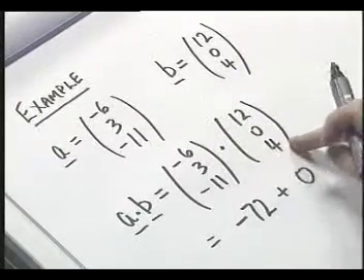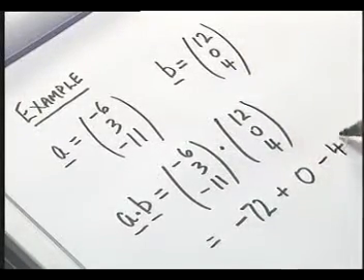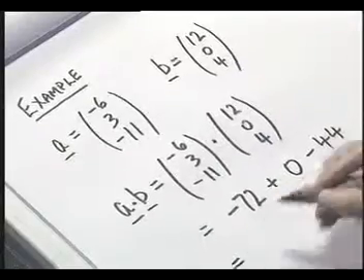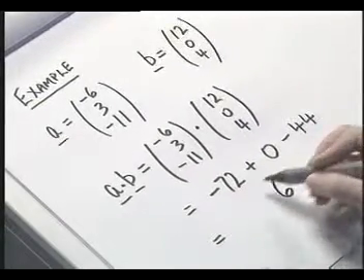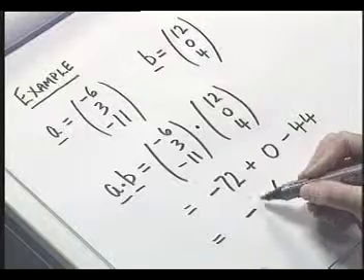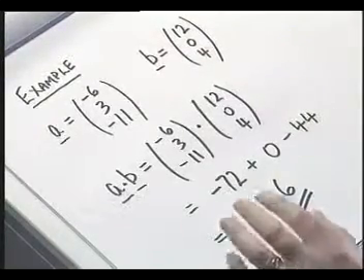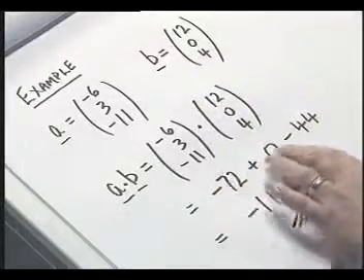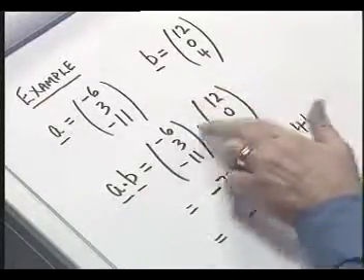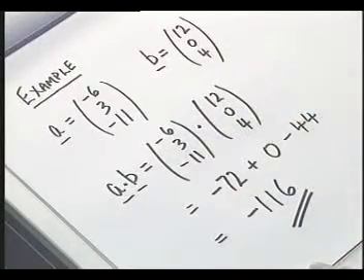And minus 11 times 4 is minus 44. And if we add these up, we get minus 116. So the dot product of A and B is just the sum of the products of the corresponding components.